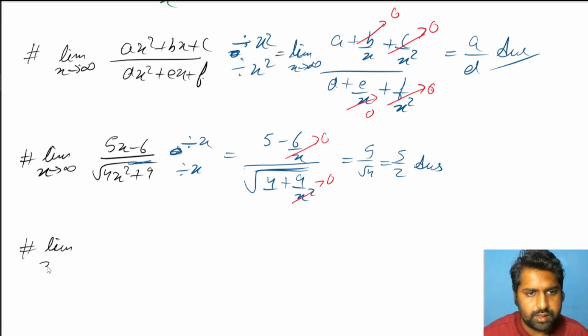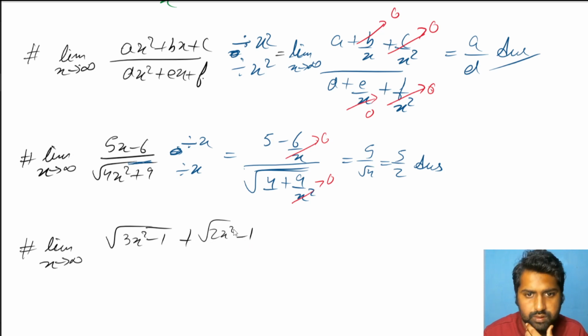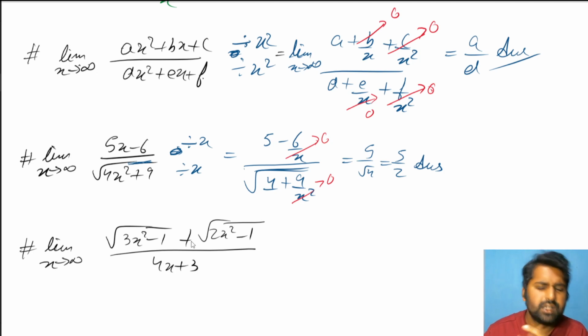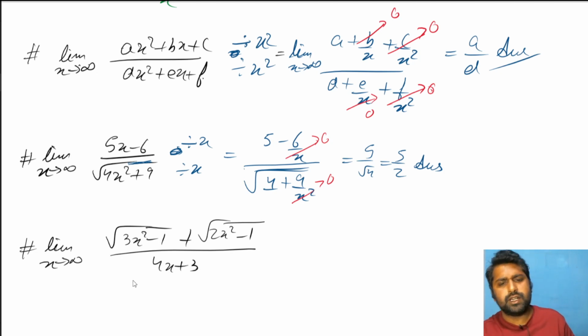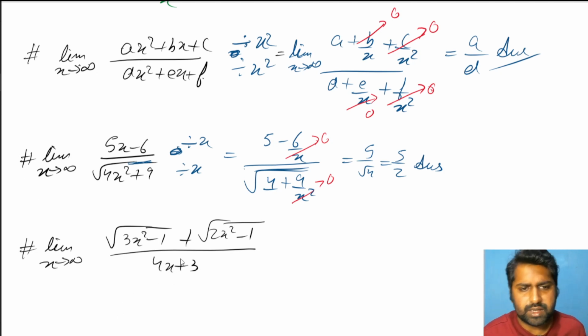Limit x tends to infinity, you have square root of 3x square minus 1 plus square root of 2x square minus 1 upon 4x plus 3. Again, I am saying the same thing, the moment you see infinity, you try to generate 1 by x. So dividing denominator by x, dividing numerator by x, this x will become x square inside the square root also.